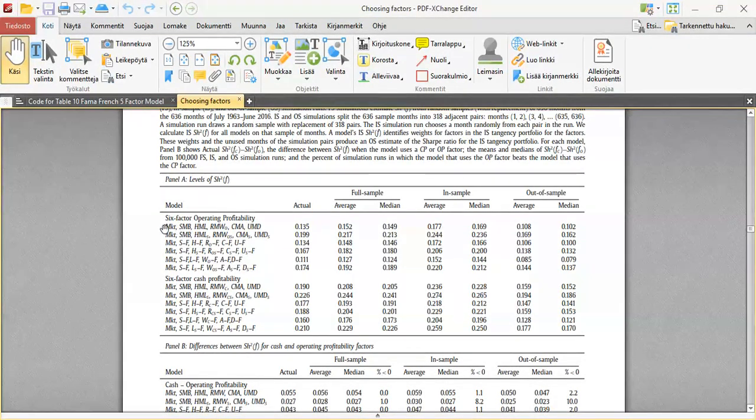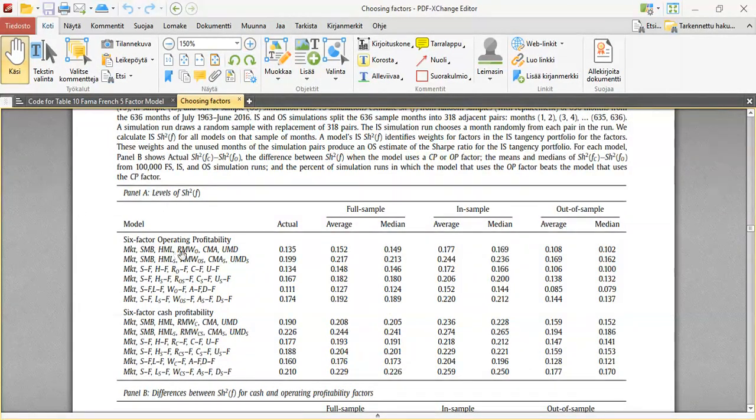Let's have a look at the first row. We have the market factor in excess form, size factor, value factor, profitability factor using operating profitability, the investment factor and the momentum factor. This is the standard 6-factor model that you also encountered in equation 4.